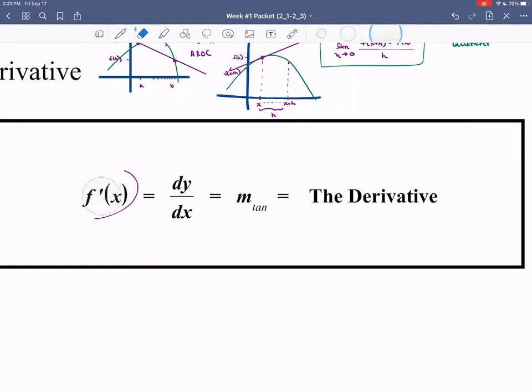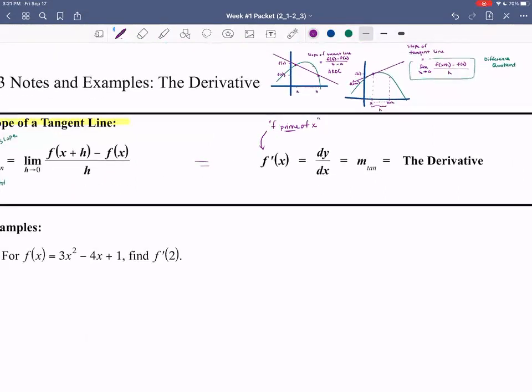This is said f prime of x. That apostrophe is pronounced prime, and this is just a shorthand notation for this limit.